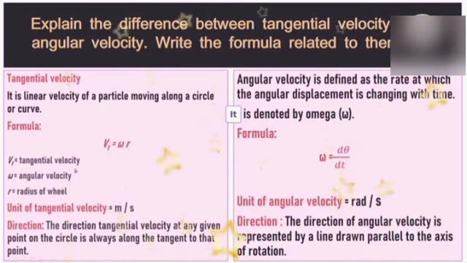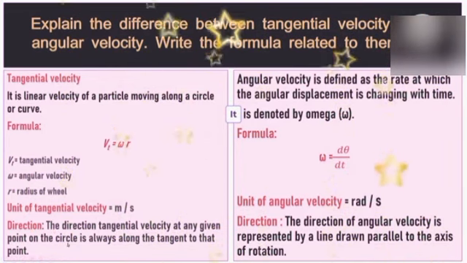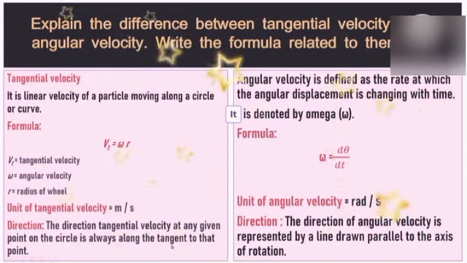Vt is tangential velocity, omega is angular velocity, and r is radius of wheel. Unit of tangential velocity is meter per second, and direction of tangential velocity at any given point on the circle is always along the tangent to that point.